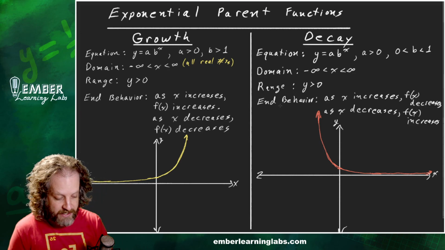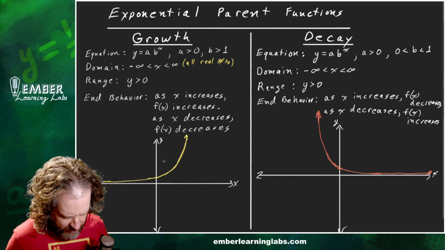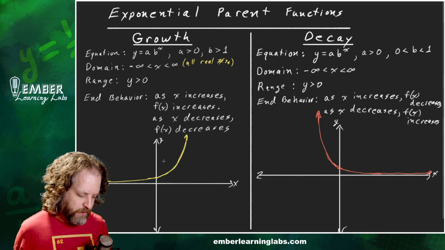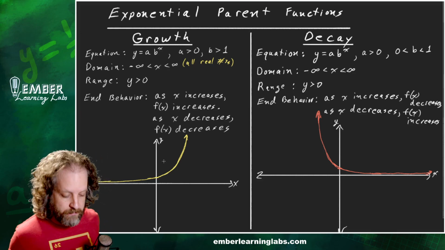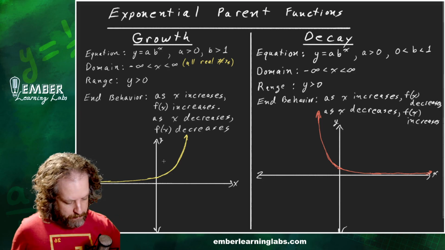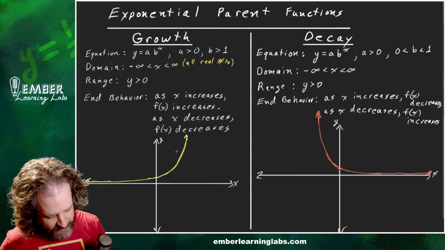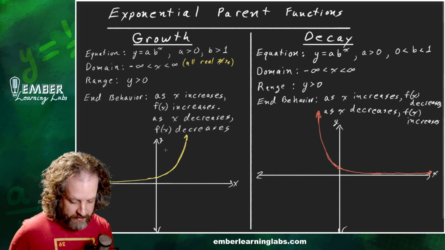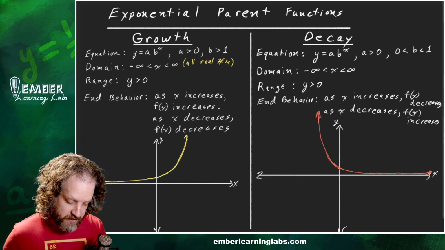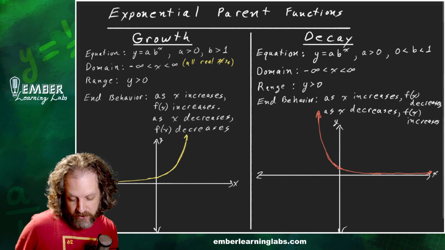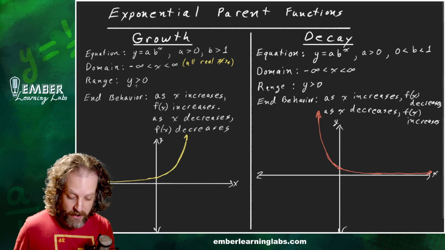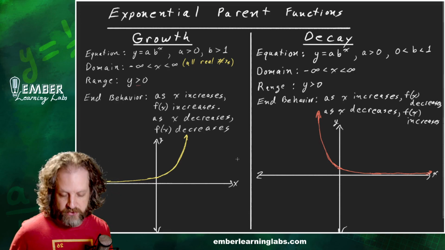And the range has to be greater than 0. Now you notice when you look at this, it's not abundantly obvious. When we do the example, we'll put some numbers to it, and it'll make even more sense. For the growth function, as x decreases, the function gets closer and closer to 0, but the range is y greater than 0, not greater than or equal to.